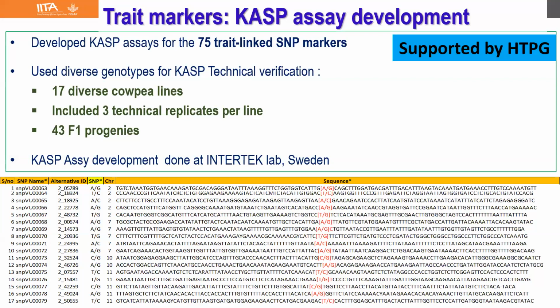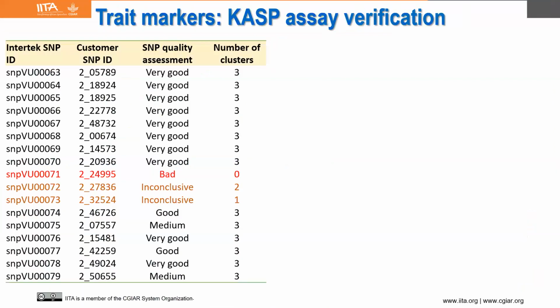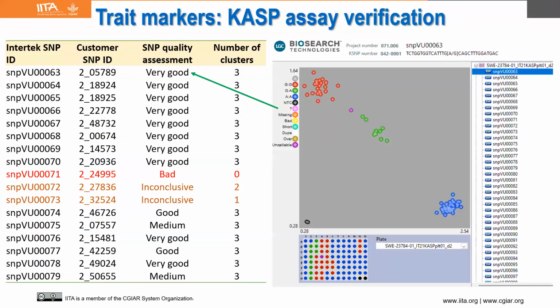And then we also purposely included some F1 progenies to be sure that the markers would be able to distinguish between homozygotes and heterozygotes. And these were sent to Intertek, and KASP assays were developed. So in the verification report, we found that most of those 75 were good, except a few.